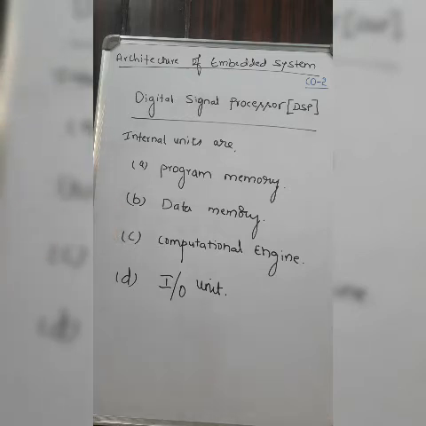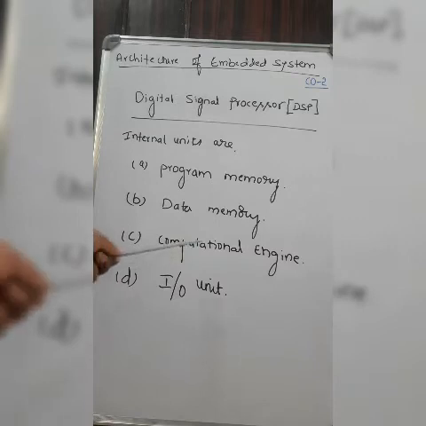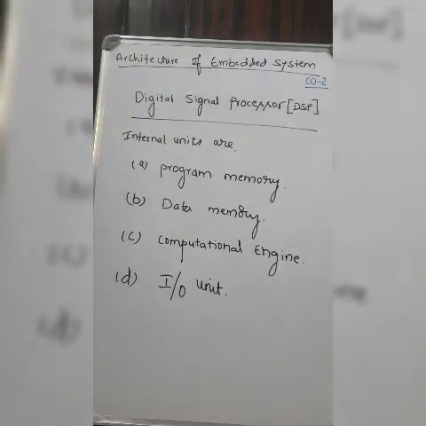A typical digital signal processor consists of internal units such as program memory. Program memory is used for burning in of the firmware. Data memory is the memory used for storing of temporary variables and processing of data or signal being done on the data memory. Then coming to the computational engine, this is the heart of the digital signal processor.